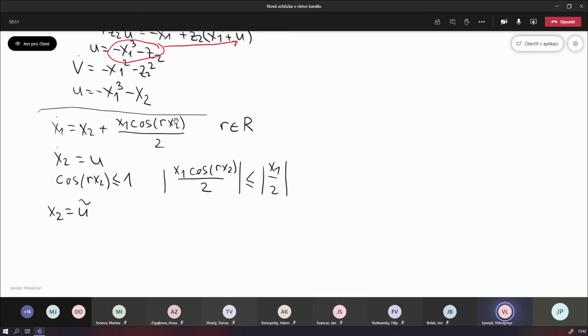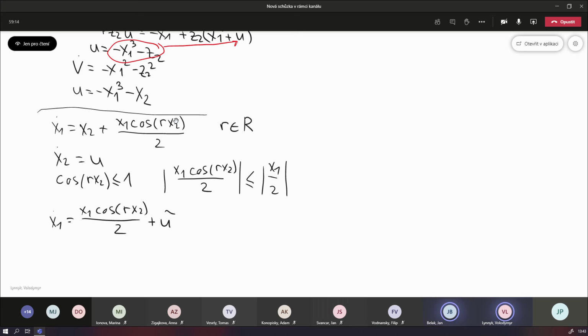I write the first row: x1 dot equals x1 cosine r x2 divided by 2 plus virtual control u with wave.